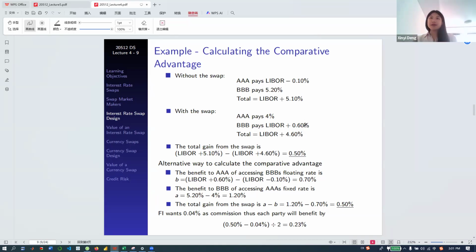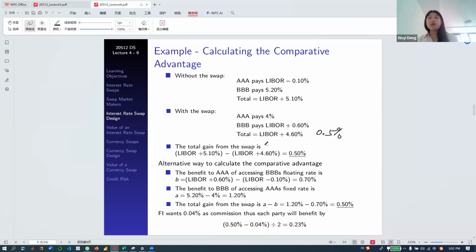If you compare those two borrowing costs, you'll see that with the swap, they are saving 0.5%. LIBOR plus 5.1 minus LIBOR minus 4.6% is equal to 0.5%. That's the total gain from the swap.